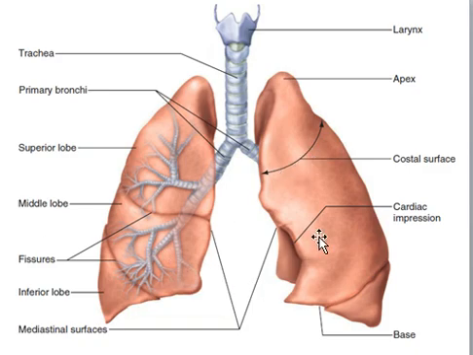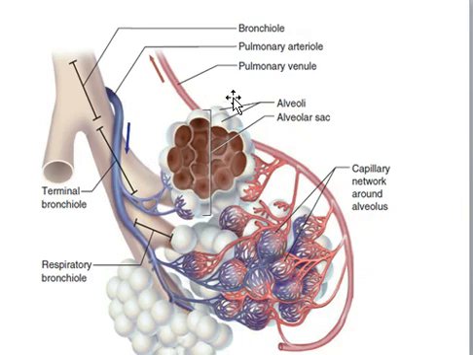The main component of the lung parenchyma is the alveoli, and here we see the illustration of the alveoli, and you see each alveolus is supplied by pulmonary arterioles as well as pulmonary venules, and here it separates as a capillary network.